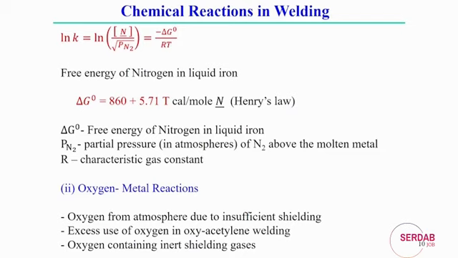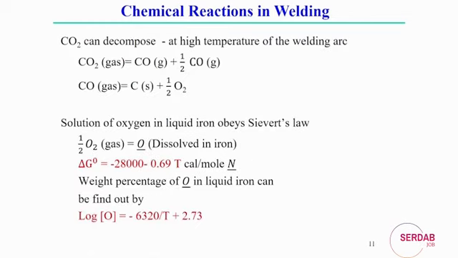So, those are the different sources of oxygen generally present in the shielding gas. When we use CO2 as a shielding gas, the reaction happens at very high temperature during the welding process. CO2 gas is decomposed into carbon monoxide plus half O2, and if we look at the balance of the equation, finally it can produce carbon and oxygen.